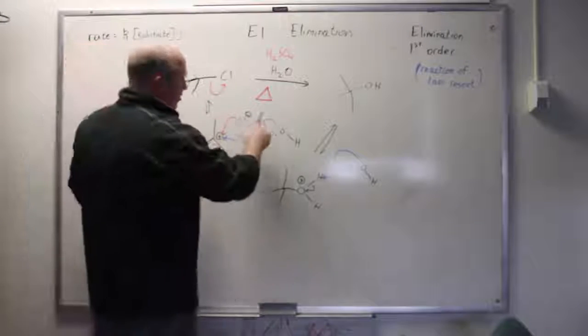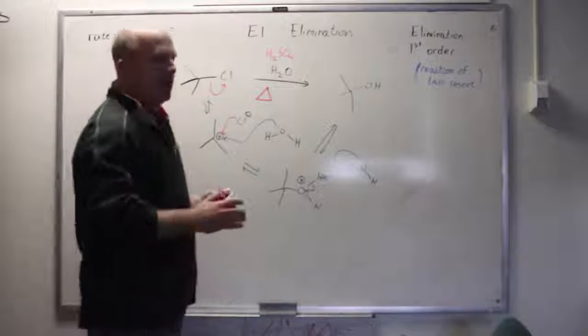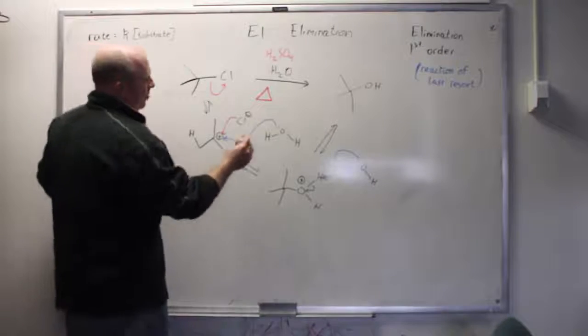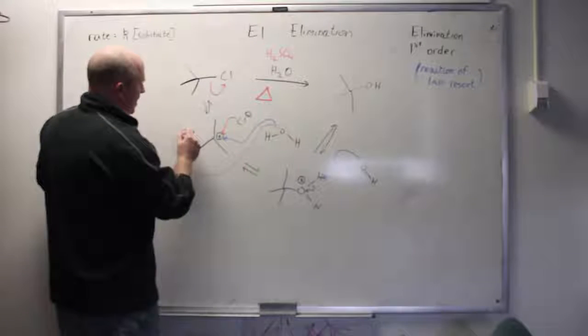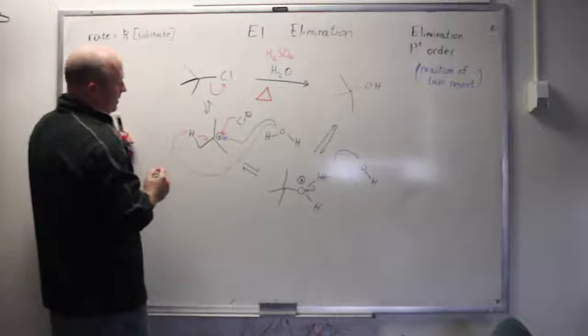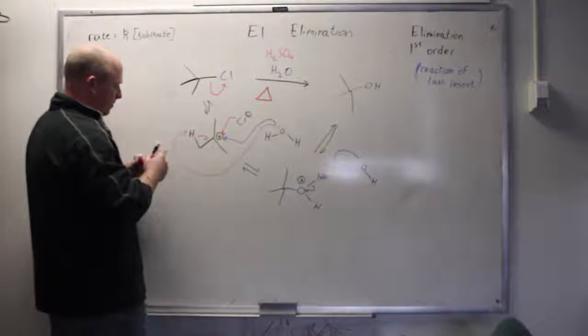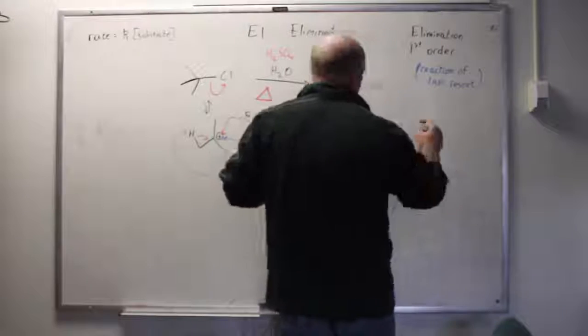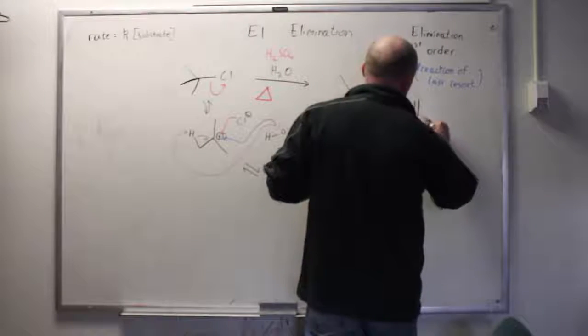On the other hand, these aren't the only two things that could happen in this reaction. The other possibility is that water, being a relatively bad nucleophile, might instead find its way into bumping into that particular hydrogen, which could then cause the pair of electrons to kick down and make a double bond. In other words, the other product that is likely to be formed in this system is the double bond product.